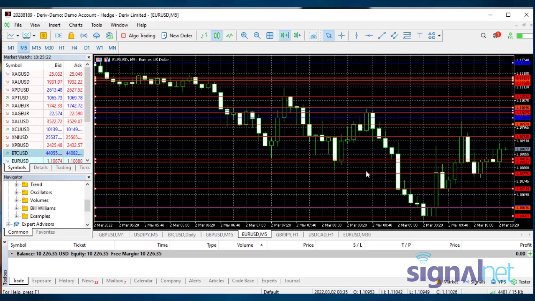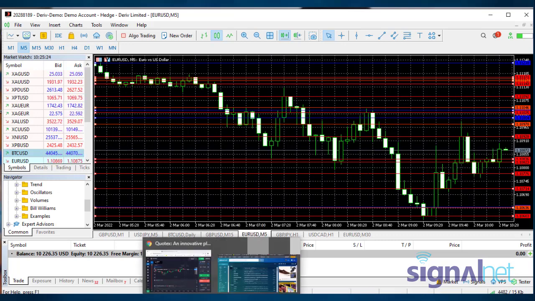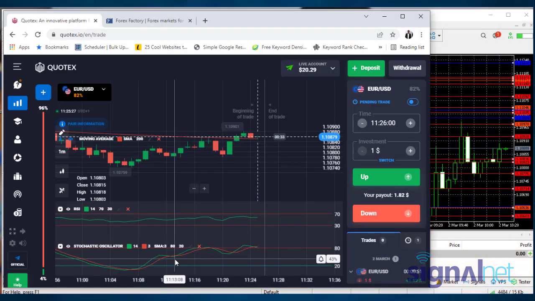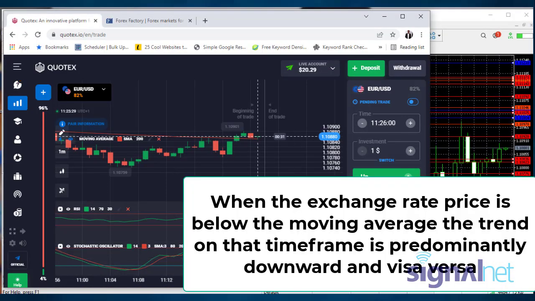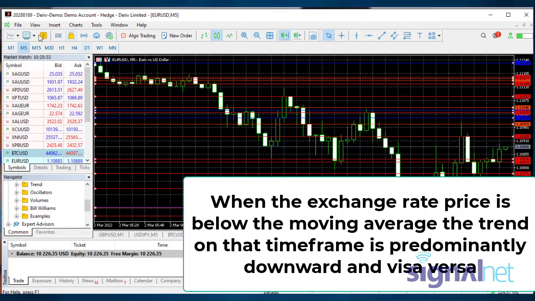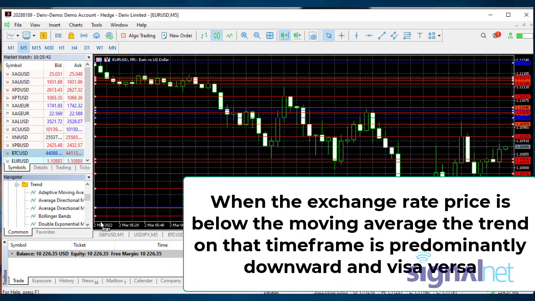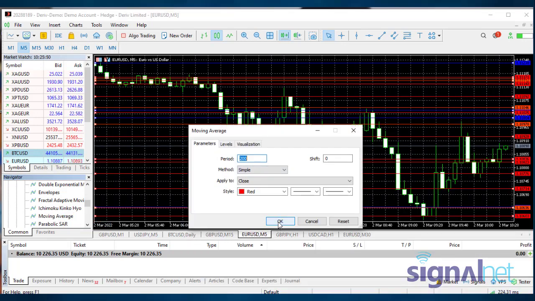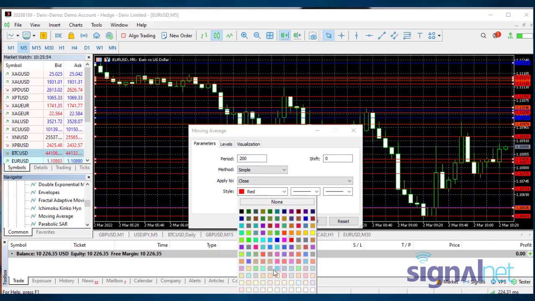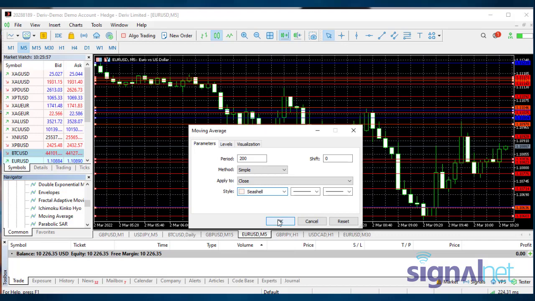Okay, so let me even put, there's something I want to put on this chart. I'll put a moving average on this chart and look at what is happening on the 15 minutes. Let me use white so that I see it very clearly.